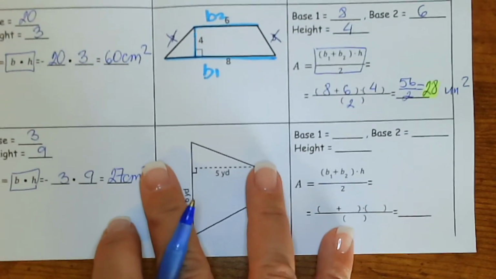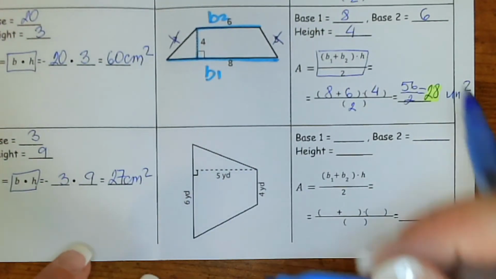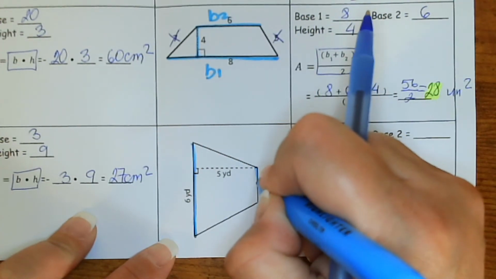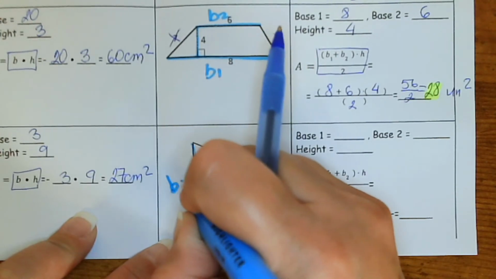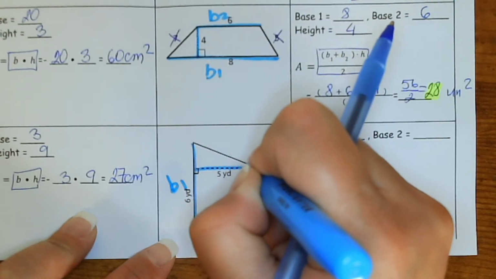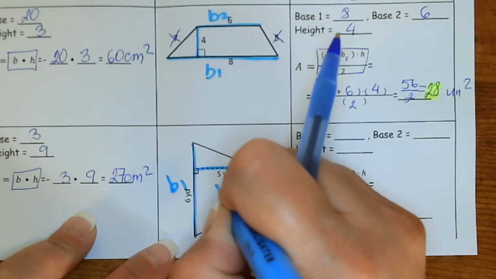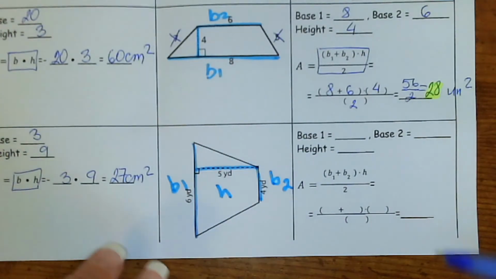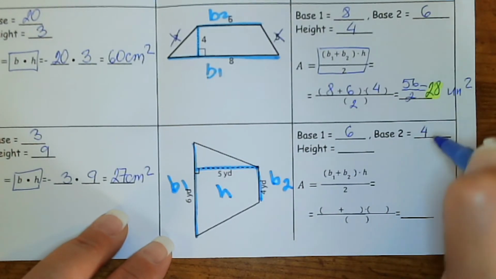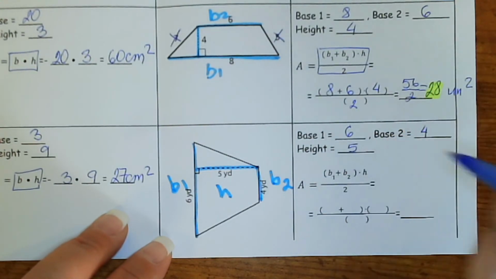And for the last problem, the bases are the parallel segments, called base 1 and base 2, which is up to you. Height is in between. Base 1, 6, base 2, 4, height 5.